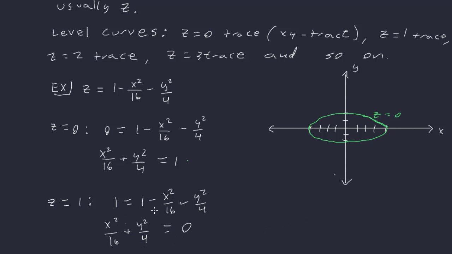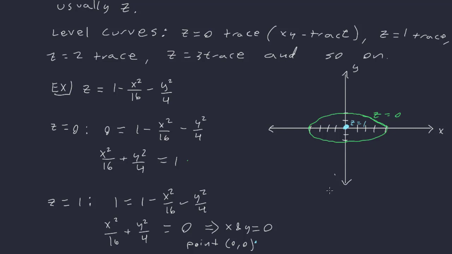Well, this isn't an ellipse so much as it's just a single point, because the only values of x and y that will satisfy this equation, since these are always greater than or equal to 0, the only way that this can happen is if both x and y equal 0. Okay, so this comes out to just be the point 0, 0. Okay, so we'll do that in blue. We just get a point when z is equal to 1.